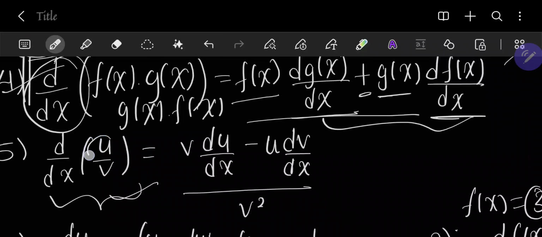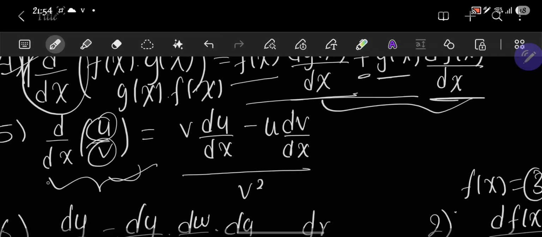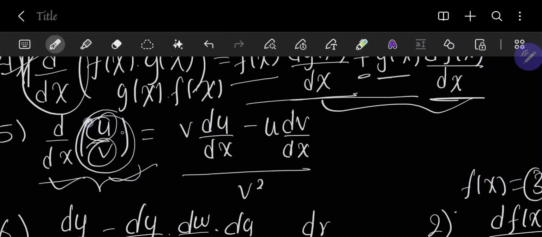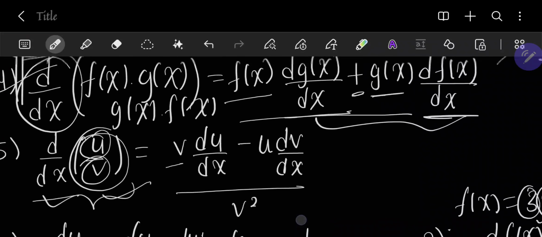So if u and v are two functions, then the derivative of u over v is going to be v times du/dx minus u times dv/dx, all divided by v squared. This is called the quotient rule.